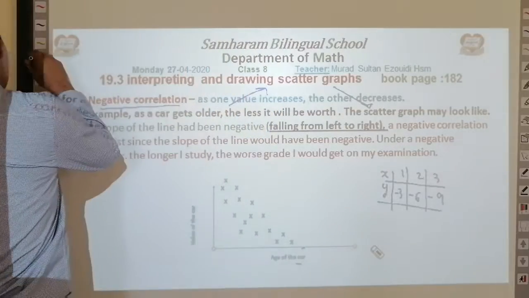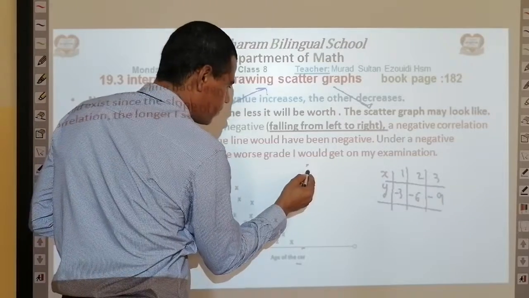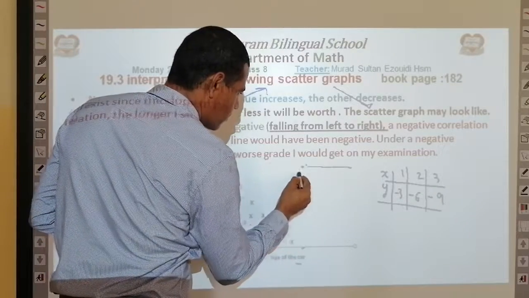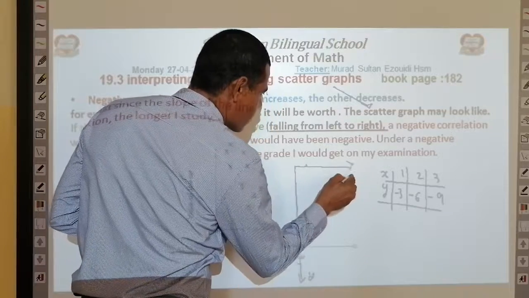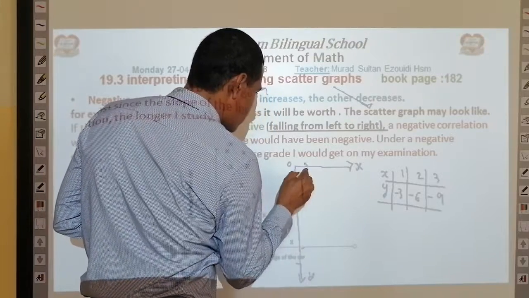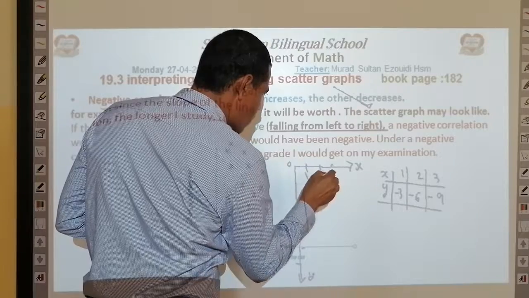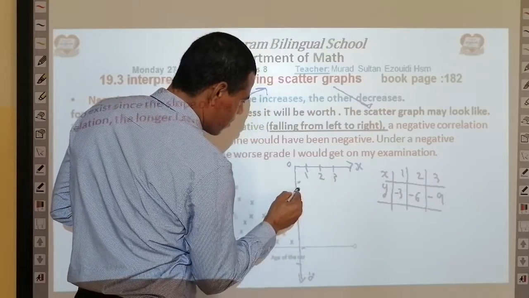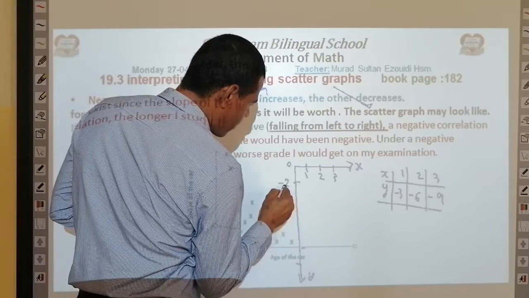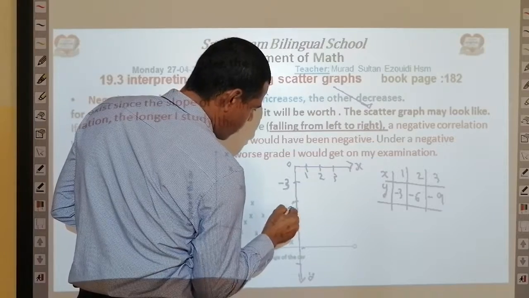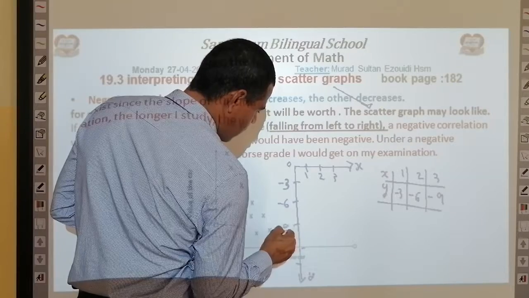Okay, for example, this is y and this is x. This is 0, this is 1, this is 2, and this is 3. This one is negative 3, this one negative 6, and this one negative 9.